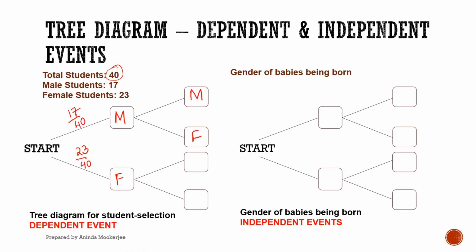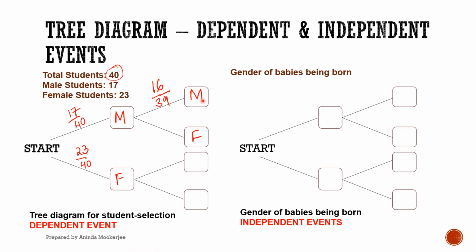However, the probability of picking a male student, given that a male student was drawn in the first trial, would be 16 in the numerator and 39 in the denominator. Why so?